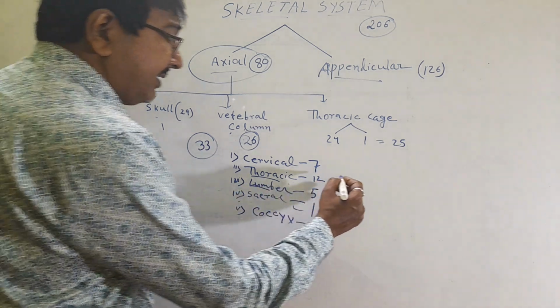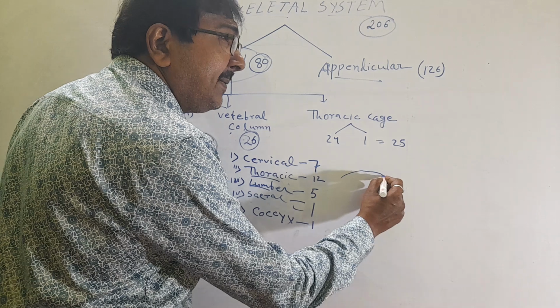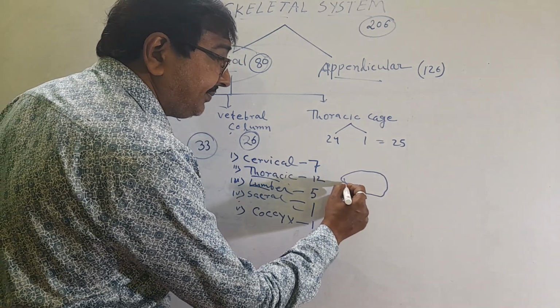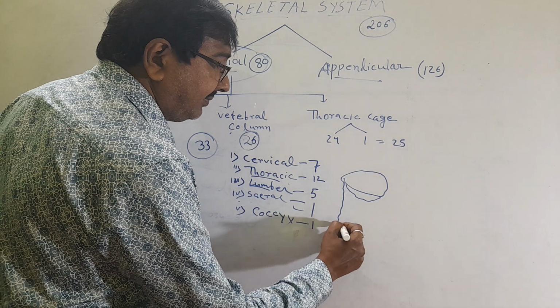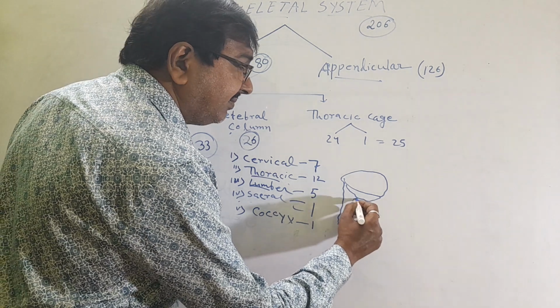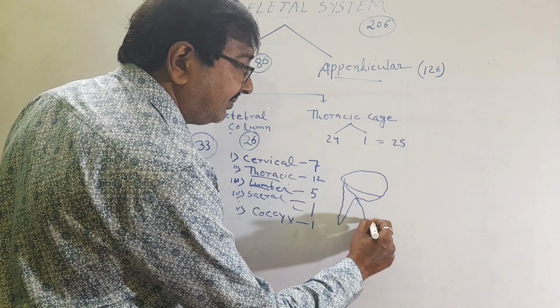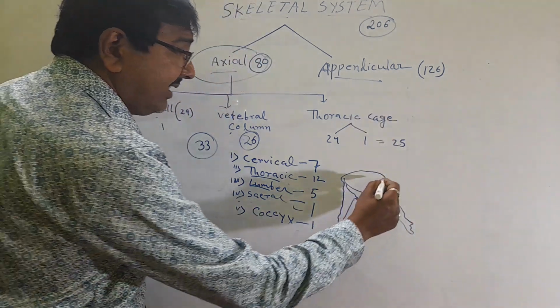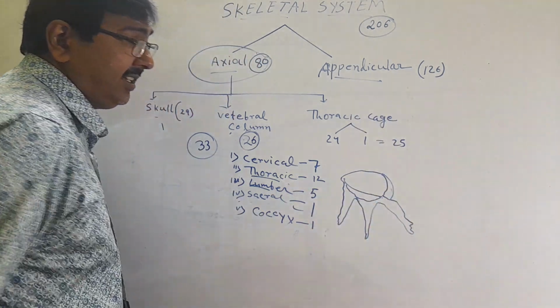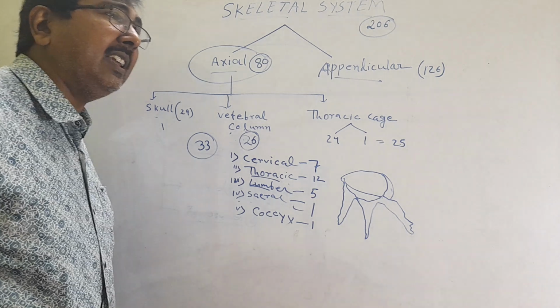The structure is like this. Suppose like this structure is present in the vertebral column.